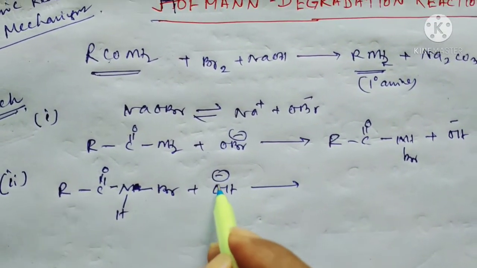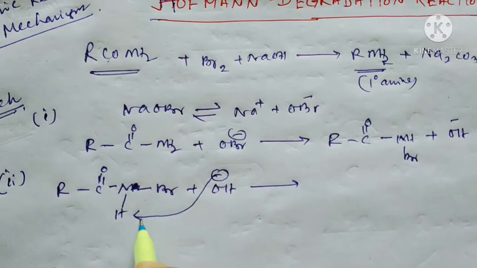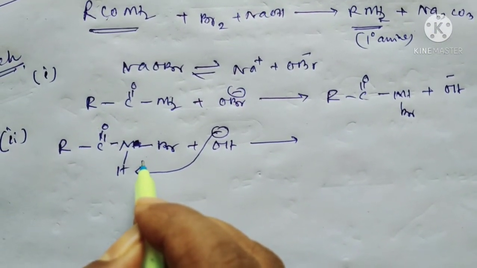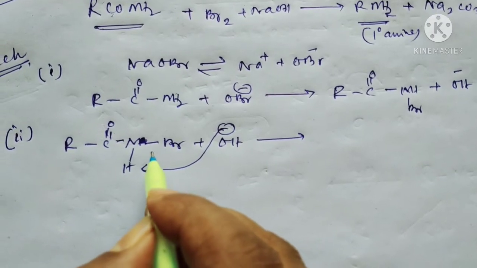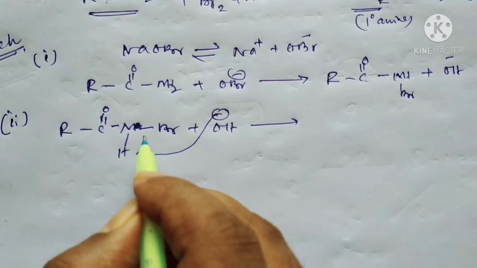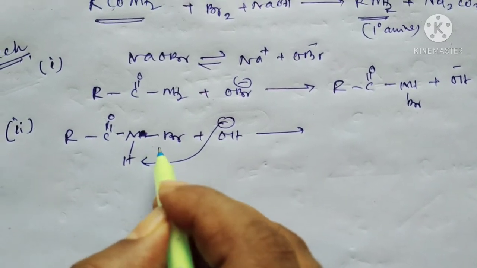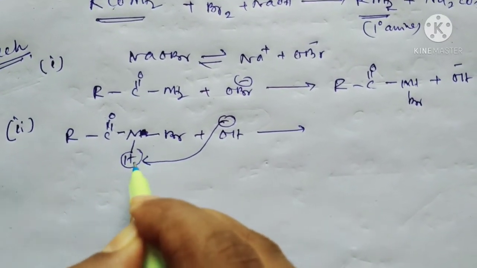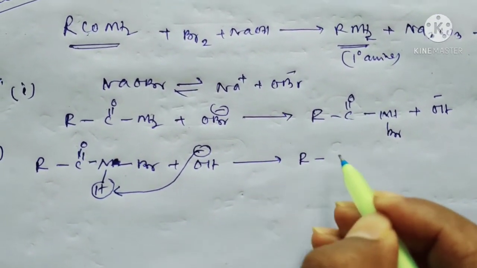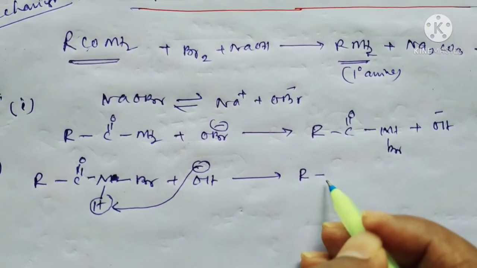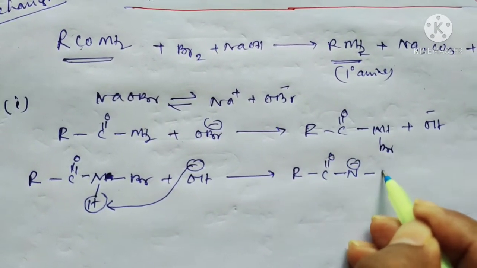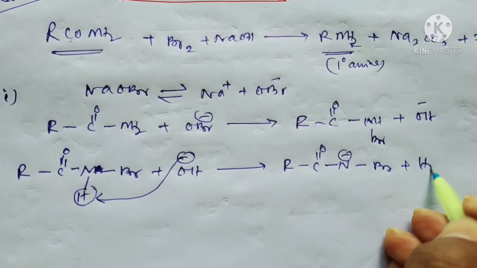Now this OH minus traps this hydrogen. Why? Because this nitrogen atom has an electron withdrawing halogen atom as well as the acyl group attached. The hydrogen attached to the nitrogen atom becomes acidic in character, and then it is removed. Okay, and it forms RCN minus Br, and it forms water.